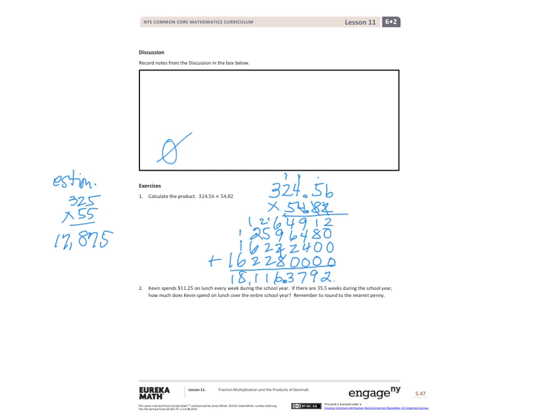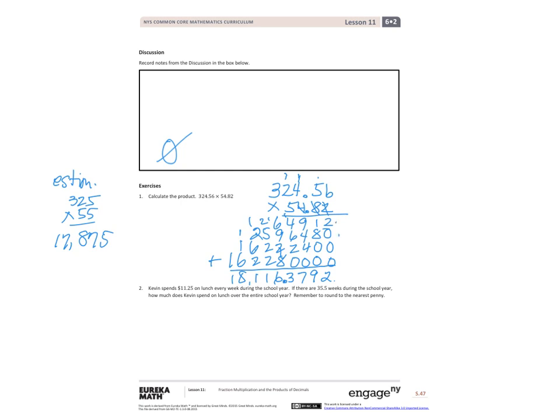So I'm going to just double check. If I had 324 and 56 and I times that by 2, my first line should be 64912. Got it. Then what about 32456 times 80? So 259648. So that checks out, that checks out.